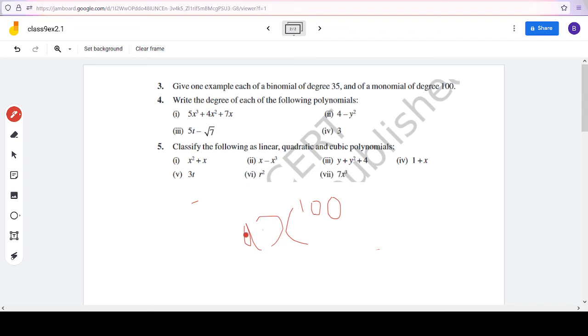Any polynomial of this form is a monomial of degree 100. Similarly, remember that this is only a single term. So this is an example. A simple example is x power 100.